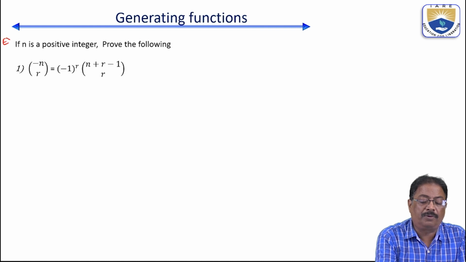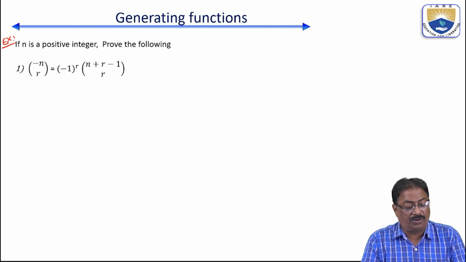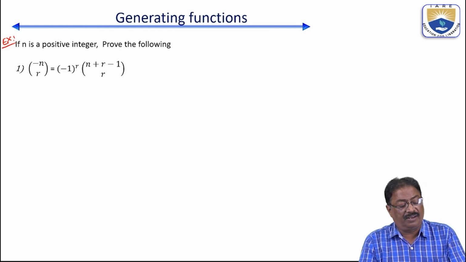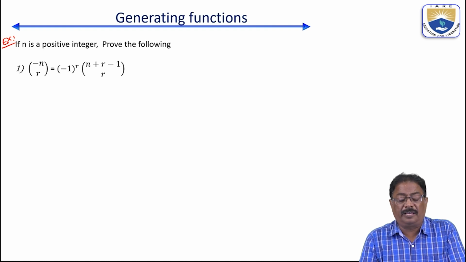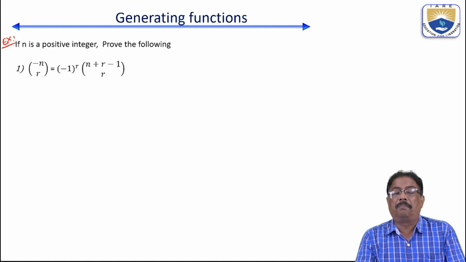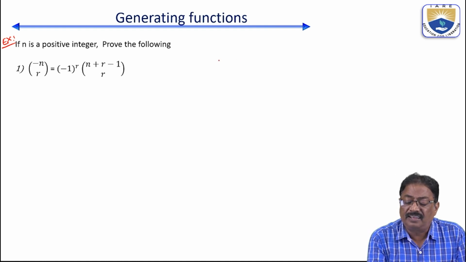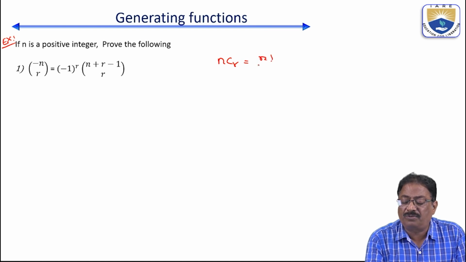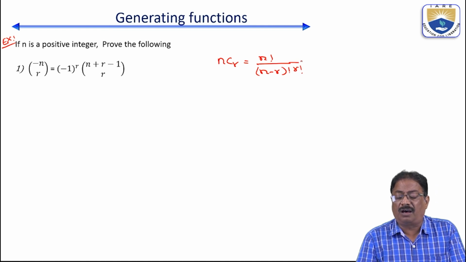If n is a positive integer, then we have to prove this. So here, this is minus n C r. What is nCr? nCr is equal to n factorial by (n minus r) factorial into r factorial.